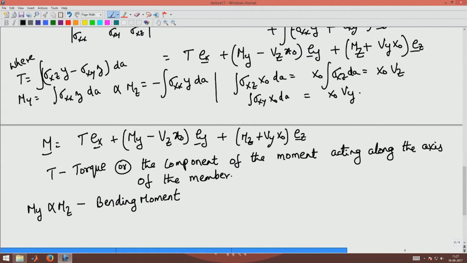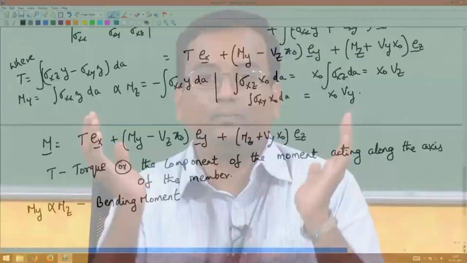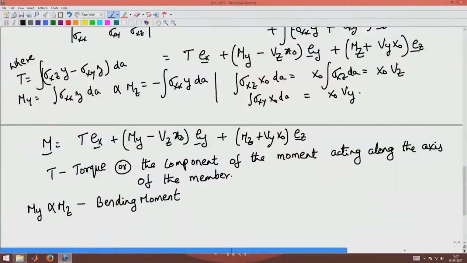In particular, Mz moment will produce a bending like this. This is Mz, right? For a coordinate system, we add Ex, Ey and Ez oriented like this. So the moment Mz, which is this moment, will produce a deflection along the y direction.